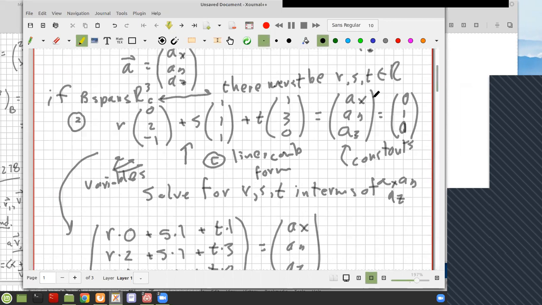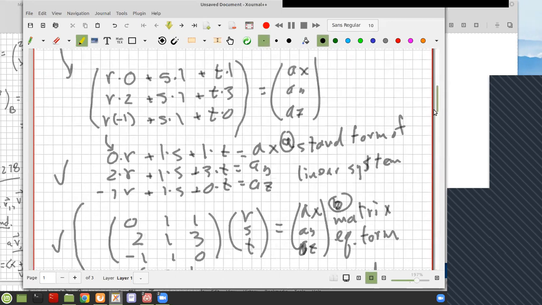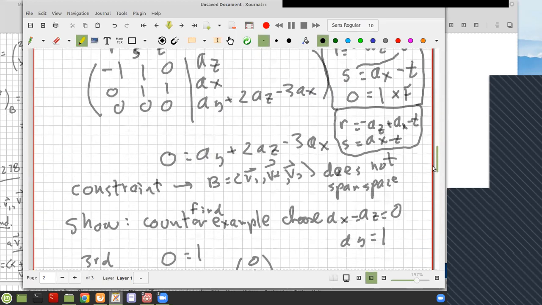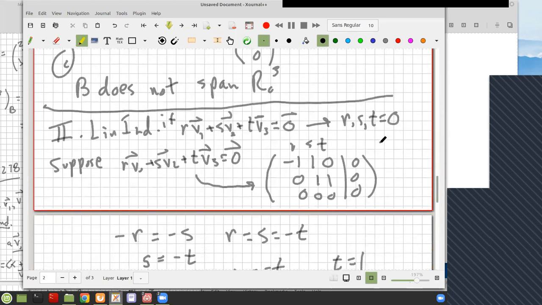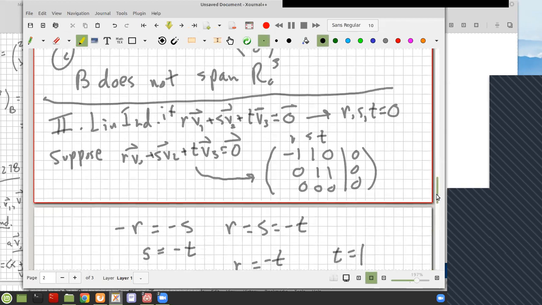So if I choose those three values, this linear combination equals 0, but R, S, and T are not 0.